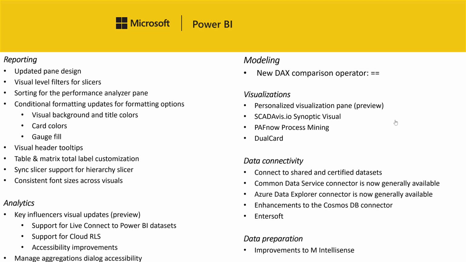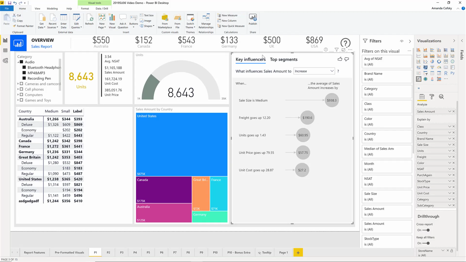Lastly, we've improved the accessibility of the key influencers visual as well. If my focus is on the key influencers visual, I can hit Control right arrow key to move my focus into the visual, just like I can any of the other visuals, and I can start tabbing to the different components of the visual.